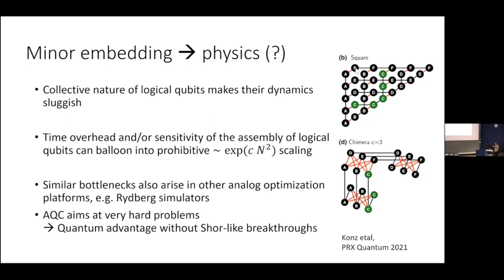Engineering all-to-all connectivity requires constructing an embedding scheme, called minor embedding, where your qubits are strings of physical bits labeled by the same letter. All-to-all connectivity can be engineered if these logical bits contain n physical bits, and then in a 2-dimensional lattice, you can make sure that A talks to all of the other letters.